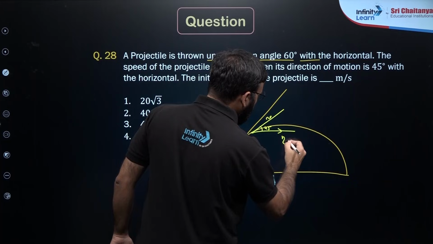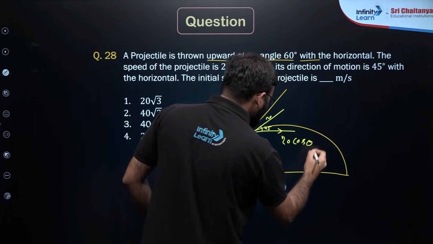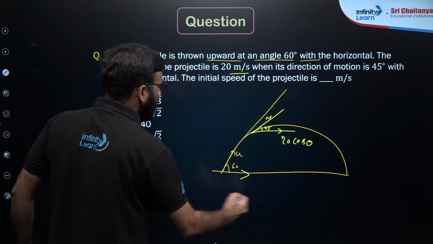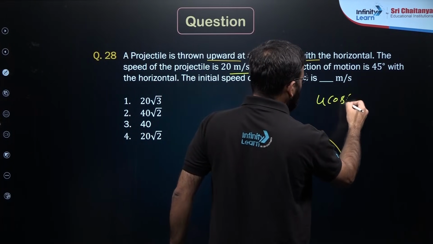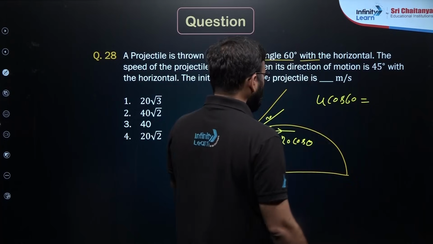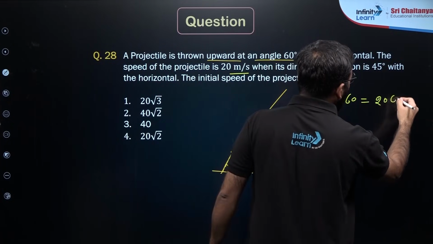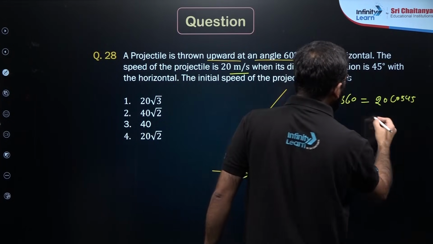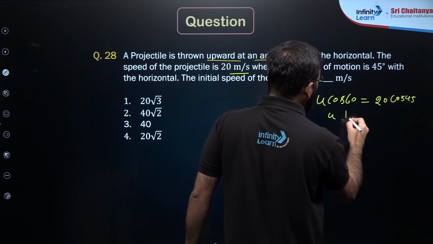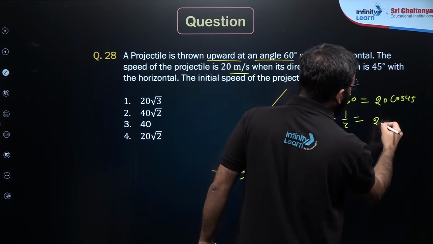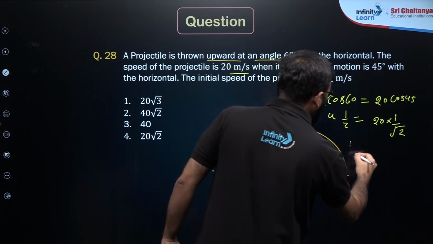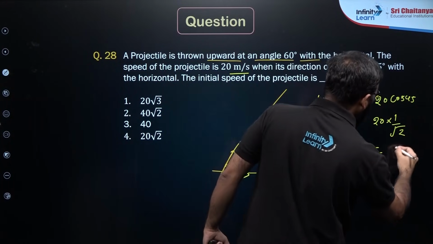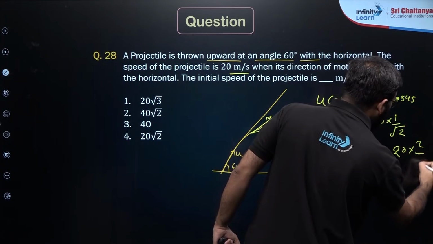So what is the horizontal component? 20 cos theta, and this will be equal to the initial horizontal component, u cos 60, equals 20 cos 45. So u cos 60, whose value is 1/2, equals 20 into cos 45, which is 1/√2. Multiplying that side, u equals 20 into 2/√2.